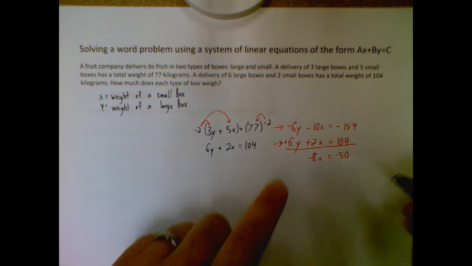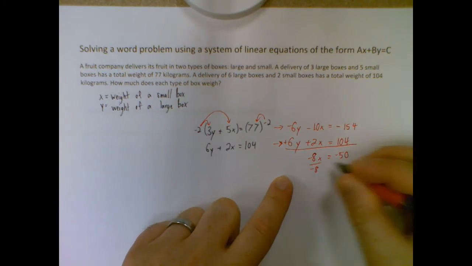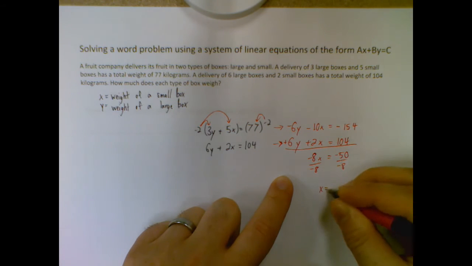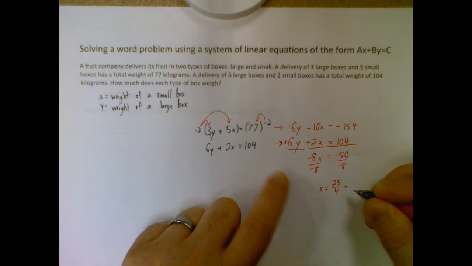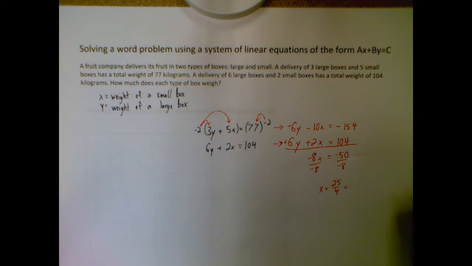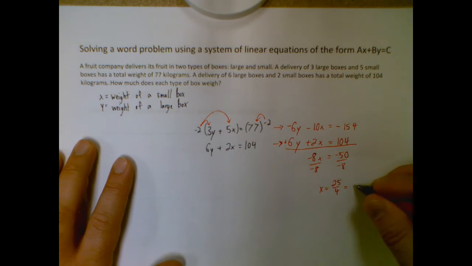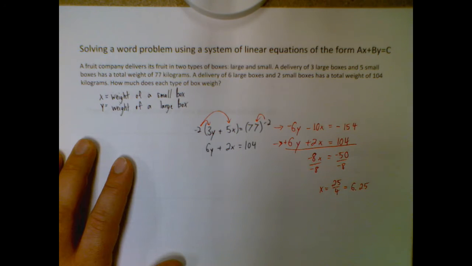Okay, so now I just need to divide by -8, and I end up with 25 over 4 when I reduce that, or if you prefer decimals, which a lot of people do in these situations, 6.25.